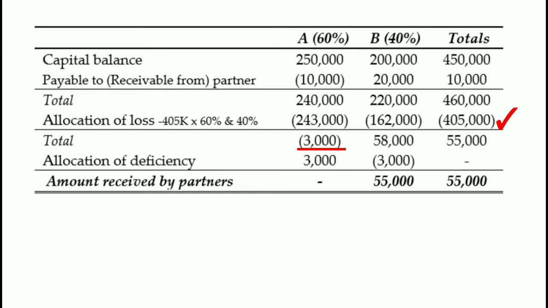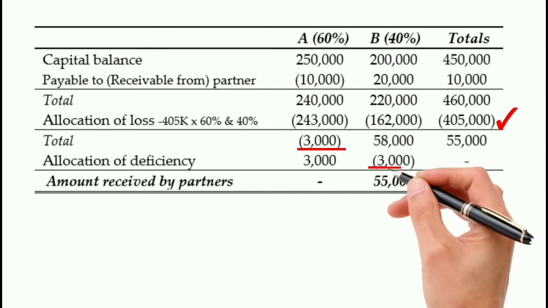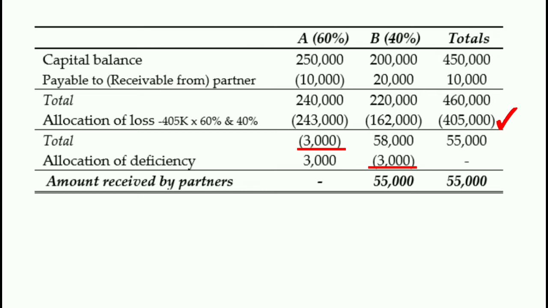So yung capital deficiency na 3,000 pesos, that is absorbed by partner B. Meaning to say, i-deduct natin yung 3,000 pesos sa capital ni B. So, no amount will be received by partner A. That means there is no cash distribution to partner A. The amount received by partner B is 55,000 pesos.